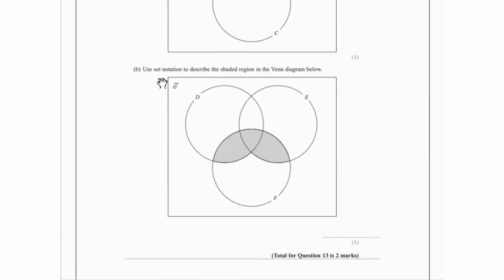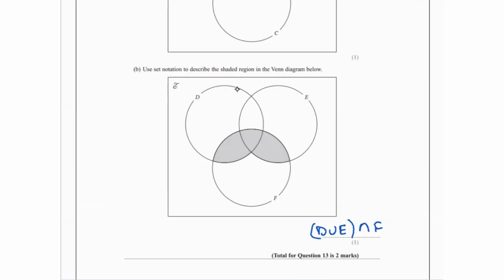Then it says use set notation to describe the shaded region in the Venn diagram below. So if we look at it, the shaded region is common between D and F and E and F. Means it's D union E, but intersecting with F. So D union E is all of this.